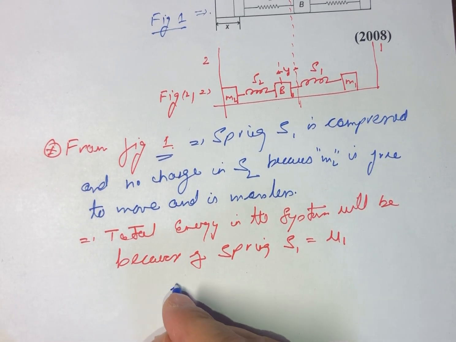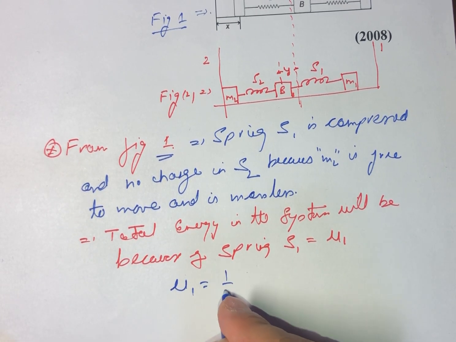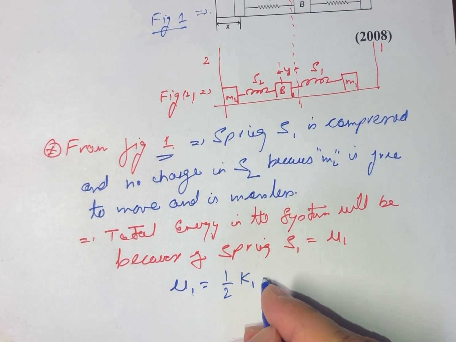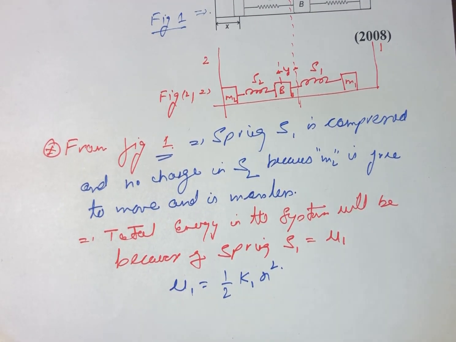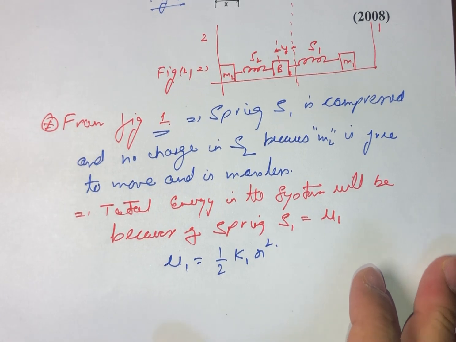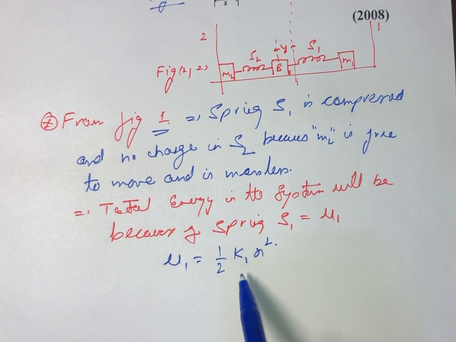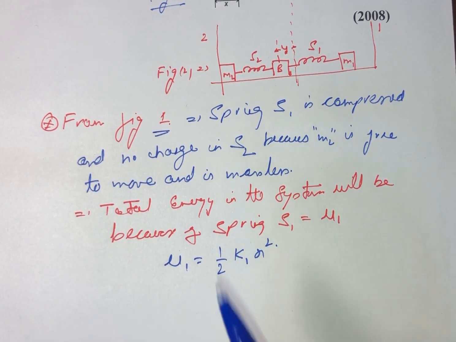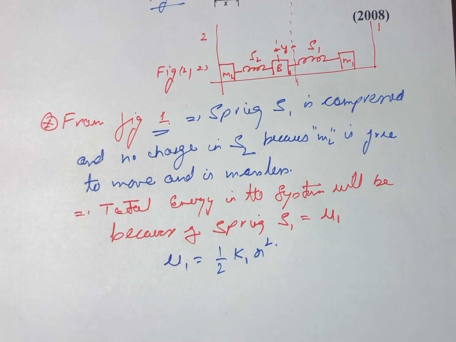So we can write that U1 is equal to half K1 x square, where we assumed that K1 is the spring constant of S1. Later on we can substitute its value.